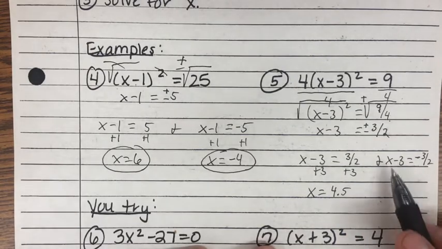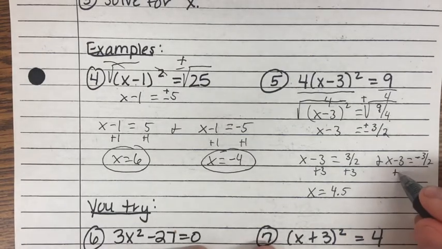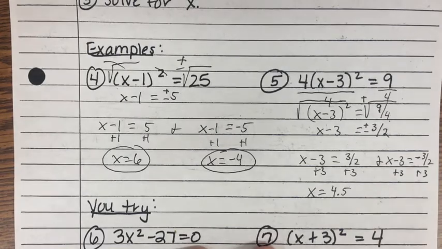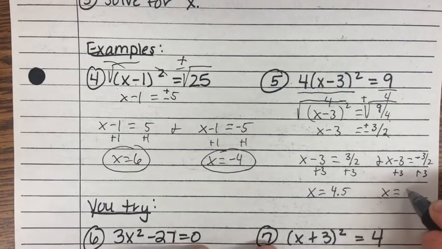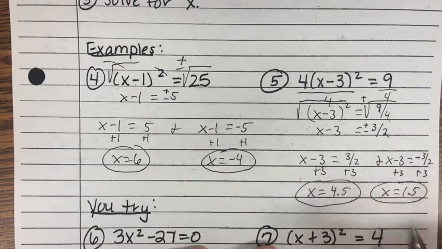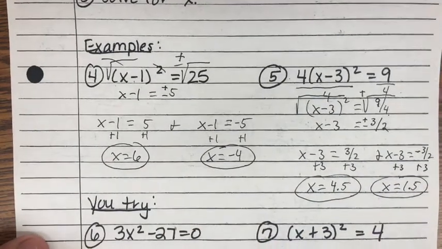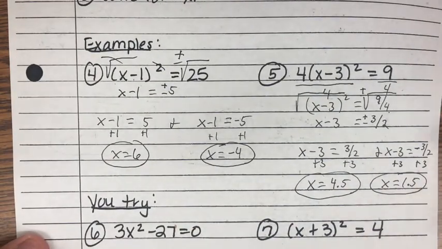And now on the other side, x minus 3, add 3, add 3. Now we have negative 1.5 plus 3, which is 1.5. So fraction, decimal. If you run into some issues on your assignment, which one it accepts, please let me know. Okay?